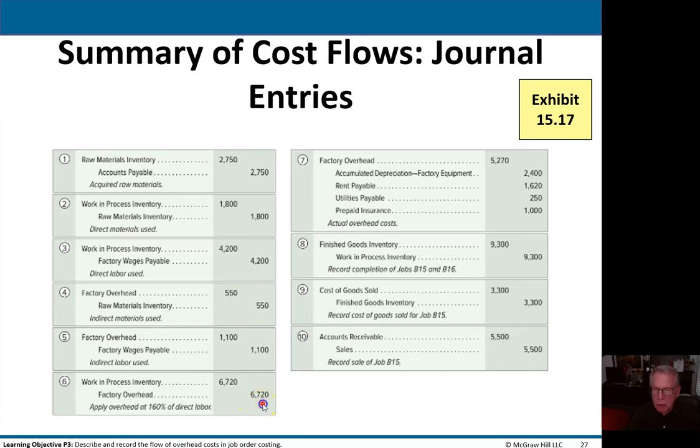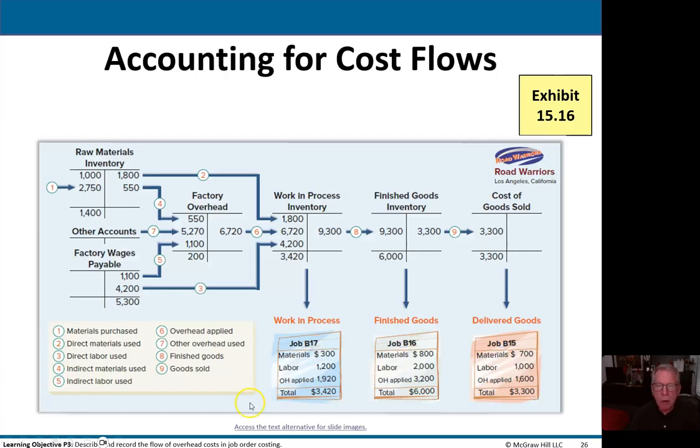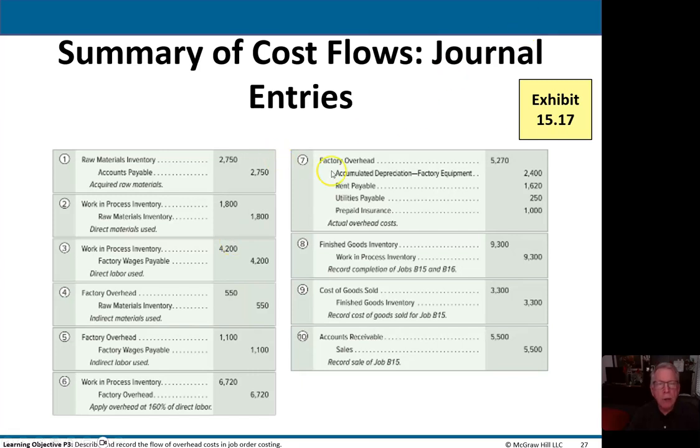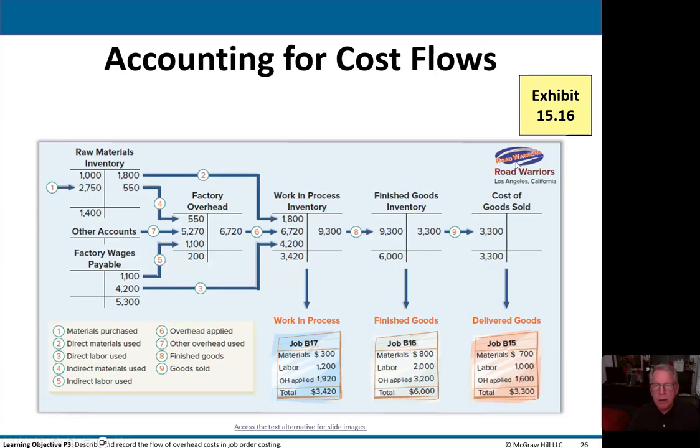So that was 6720, and we move it into work in process inventory and out of factory overhead account as a credit. Now, for factory overhead, we had several items other than indirect labor and indirect material. We had accumulated depreciation on factory equipment, rent payable, utilities payable, prepaid insurance. Those are all actuals. And that goes as a debit to factory overhead here.